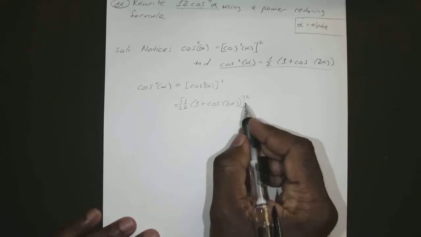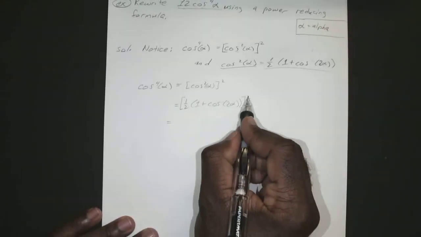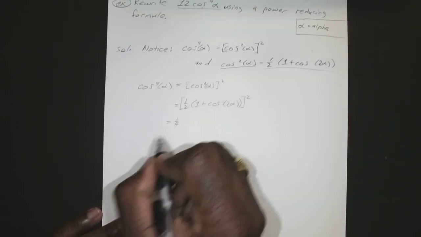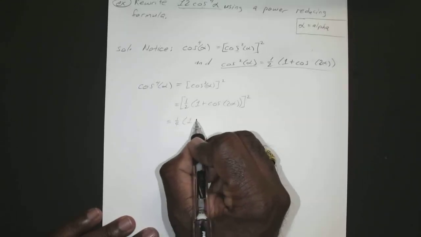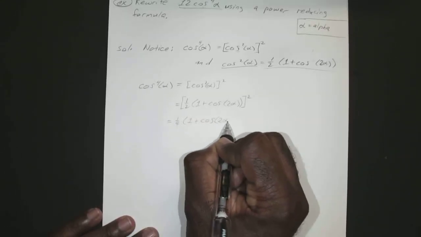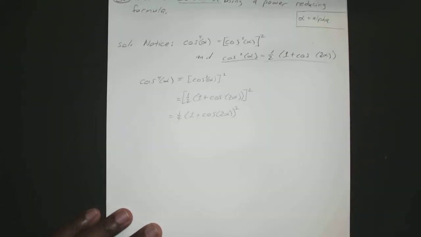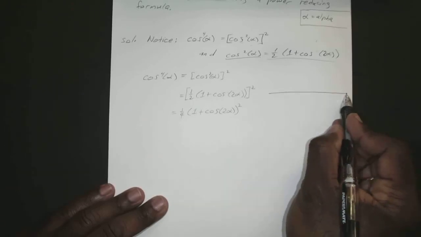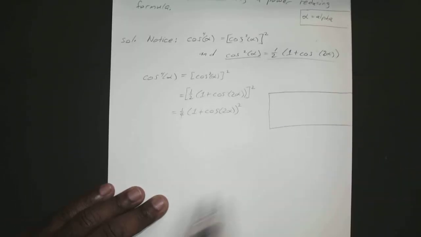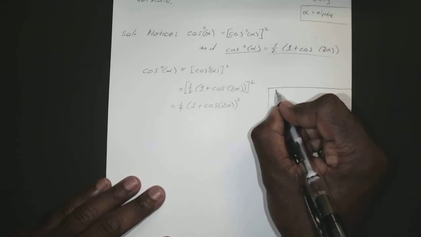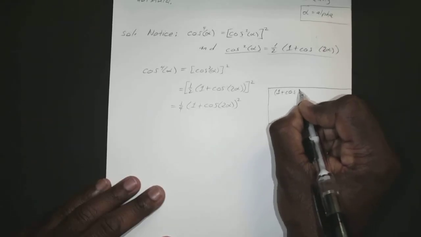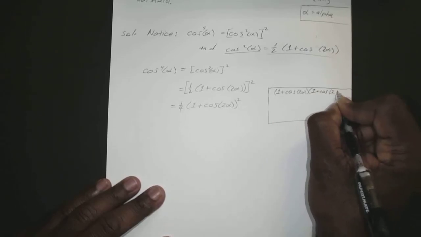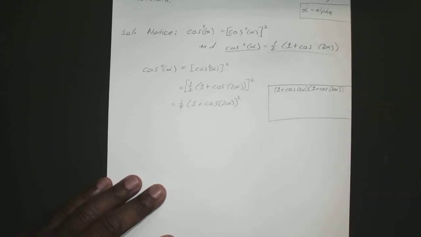Okay. So here what we're going to do, we can distribute to have 1/2 squared, which is 1/4, times 1 plus cosine of 2 alpha squared. And we can really do that on the side. Okay, so 1 plus cosine of 2 alpha times 1 plus cosine of 2 alpha. We're just going to FOIL it out.